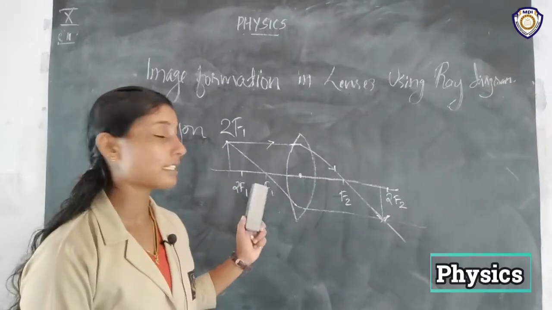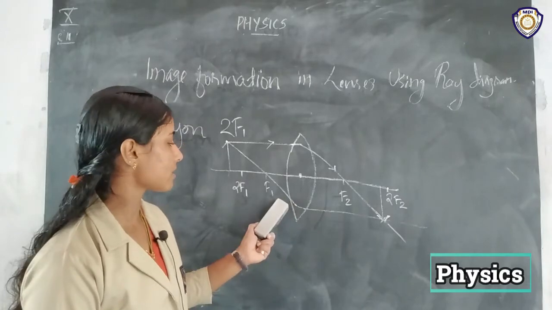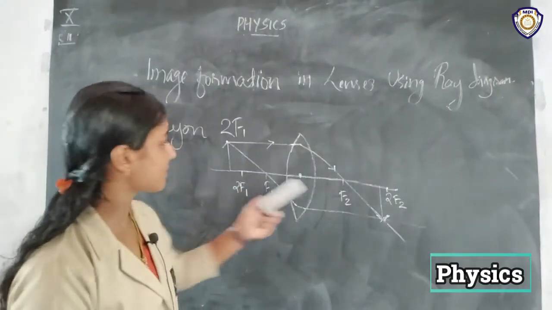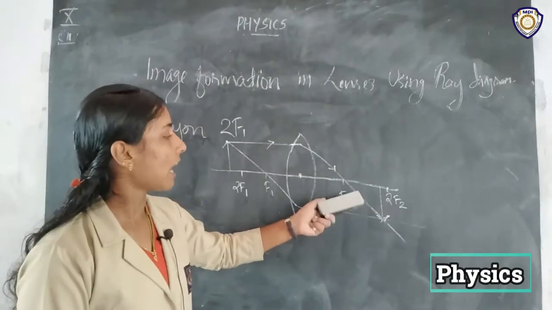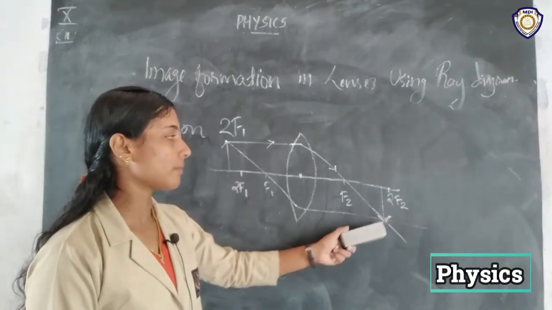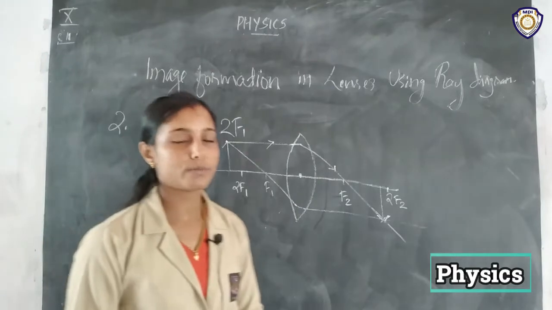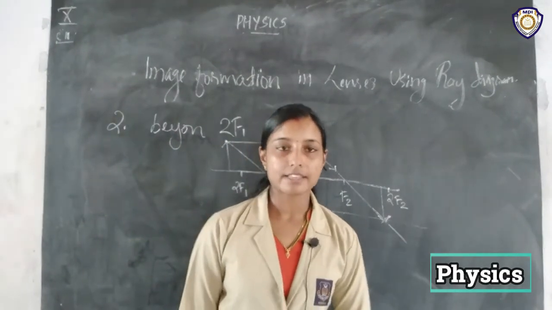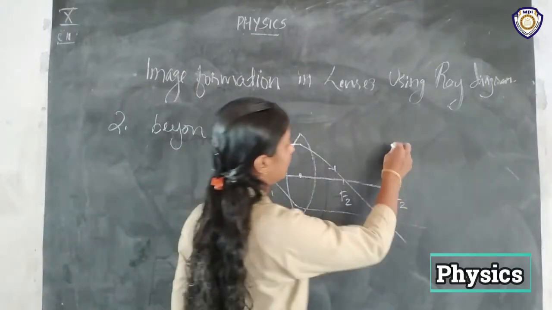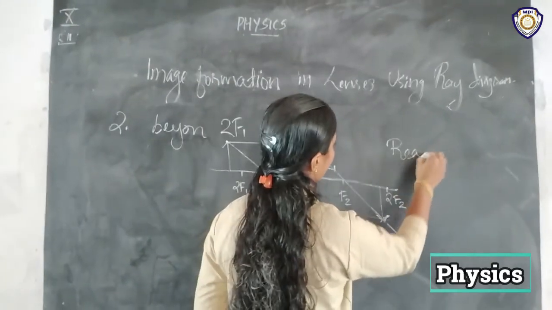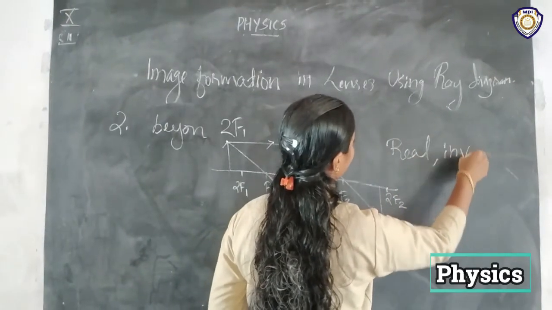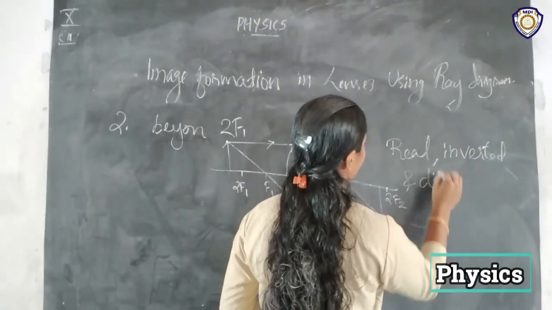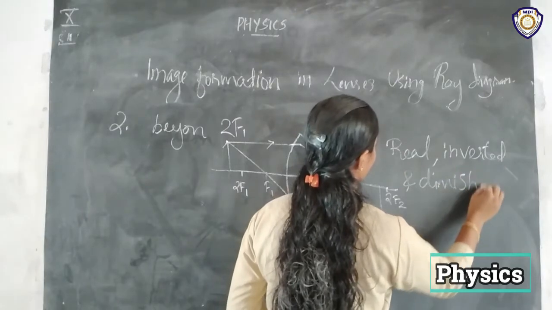These ray diagrams I just draw roughly, so you may see this is of similar size. But actually the size of this image should be less than that of the object. So the image should be diminished, the nature of the image is real, inverted and diminished in size.